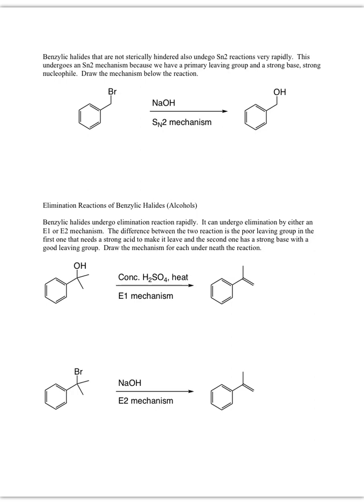We can do an SN2 on this by adding a strong base to a primary or secondary. Primary is best. Benzyl bromide. We have the SN2 where the nucleophile comes in, the leaving group leaves all in one step. So reactions of benzylic halides or alcohols, benzylic leaving groups, with concentrated acid and a tertiary alcohol, we can do the E1.